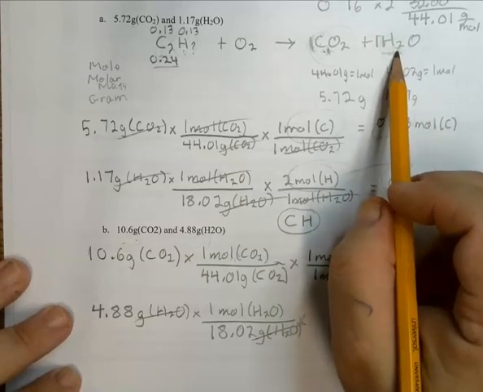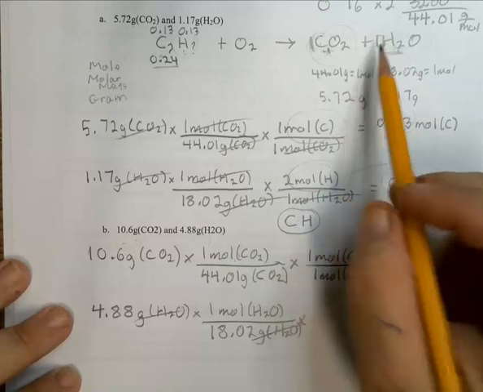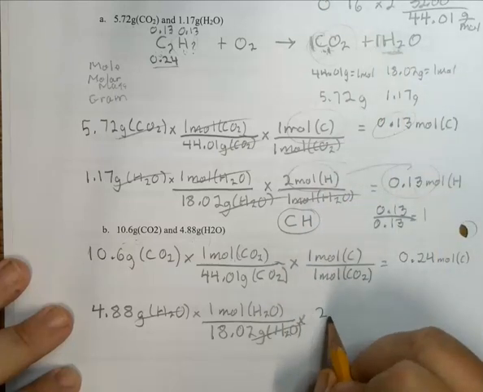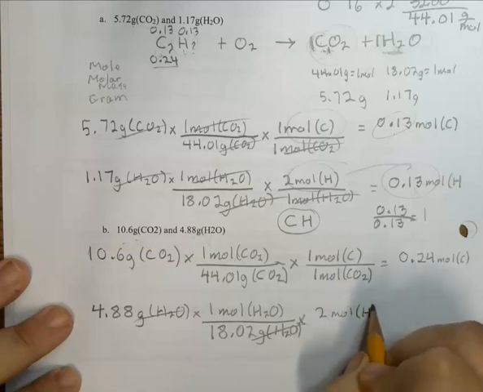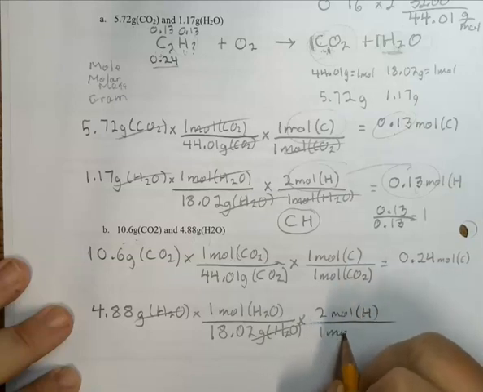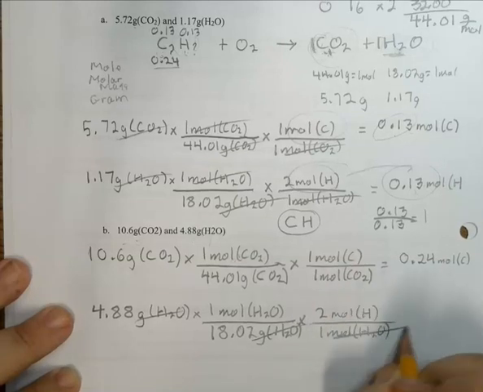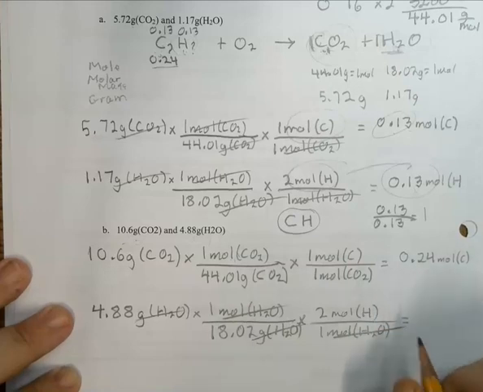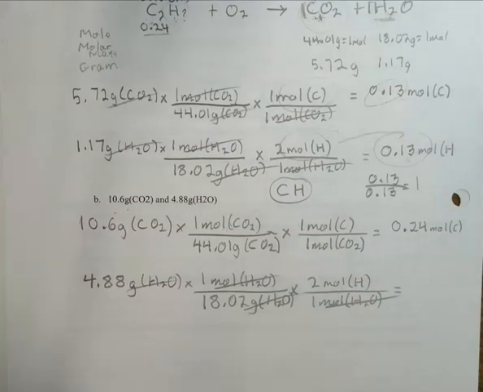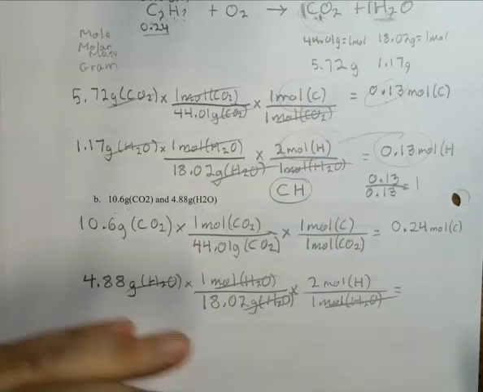We have 2 moles of hydrogen atoms for every 1 mole of water molecules. So we're going to have 2 moles. Okay, and now we do the math. 4.88 times 1 times 2 divided by 1 divided by 18.02, and that gives us 0.54.